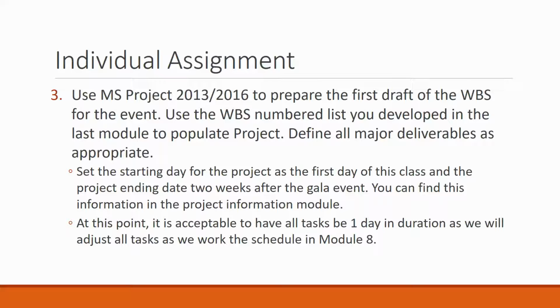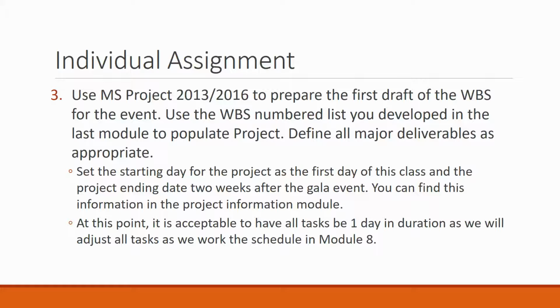You can use that list to help populate your Microsoft Project, and you're going to make sure to define all of your deliverables as appropriate. Remember tasks and subtasks. Remember organization. Set the starting date of the project to the first day of this class, ending date 2 weeks after the gala event. All of this information is in the project information module.